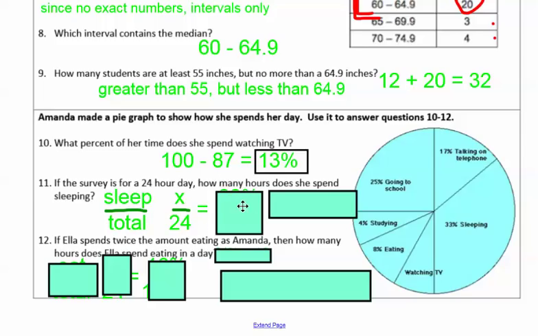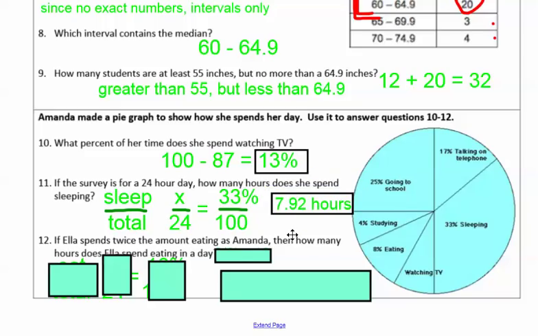And then this will be our percent side. She sleeps 33% out of 100%. From here, we cross multiply. 100x equals that times that. And then we solve for x. You should get 7.92 hours.